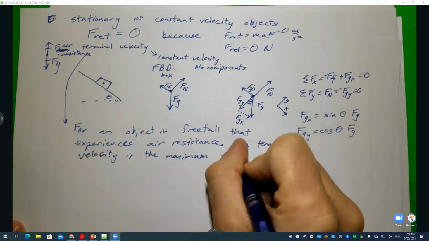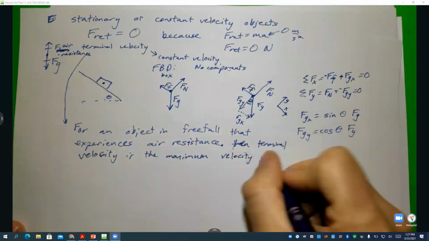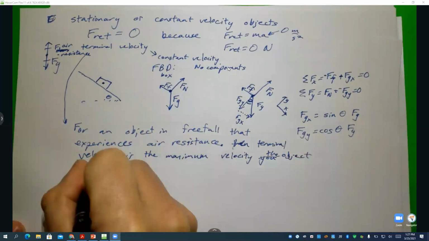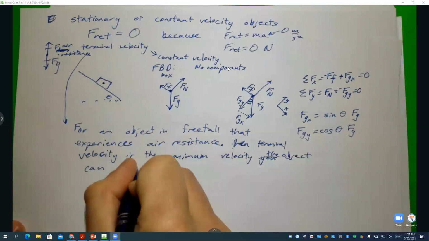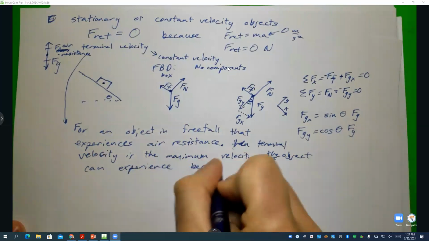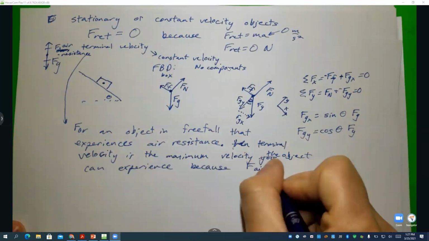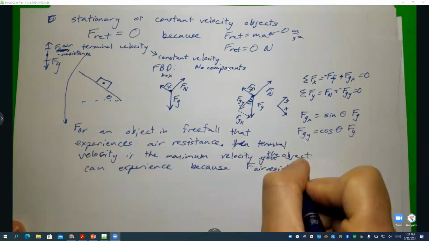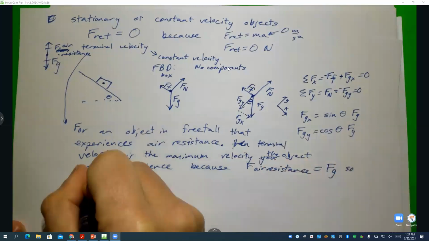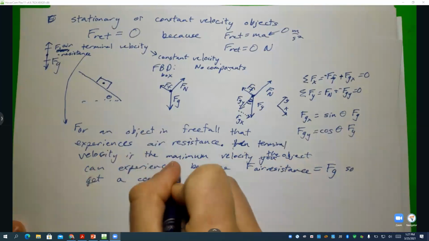velocity the object can experience, because if air resistance equals Fg, so you get a constant velocity.